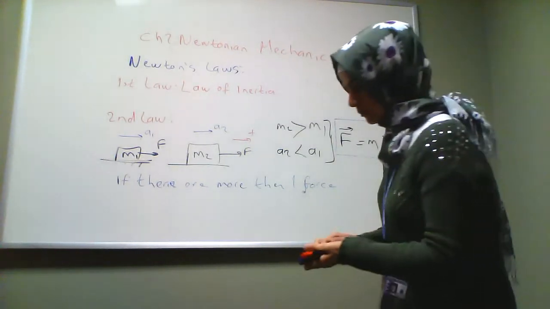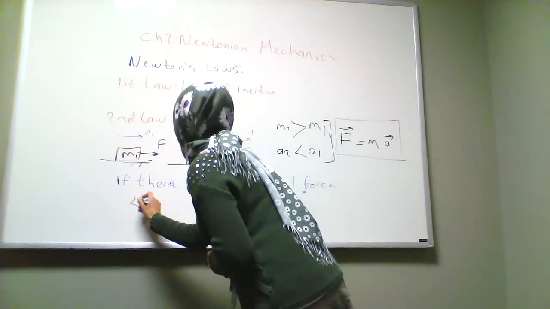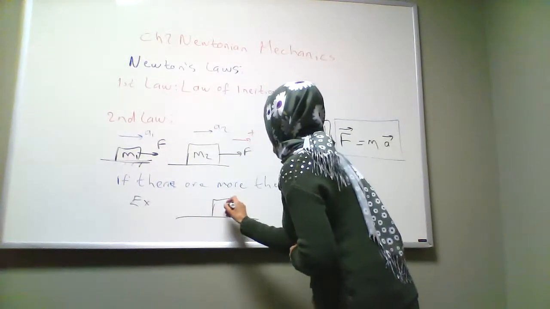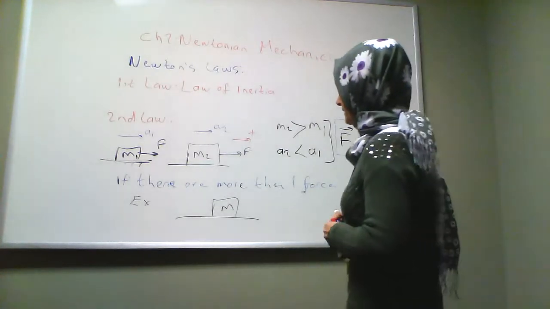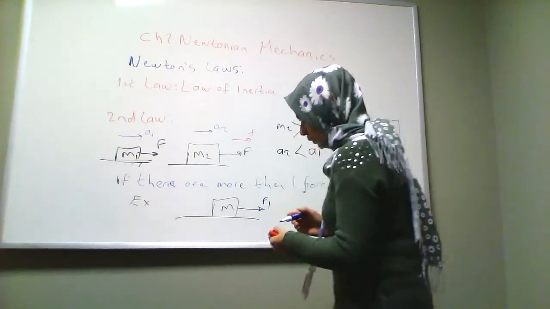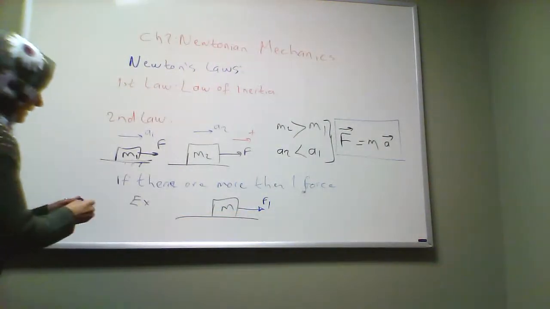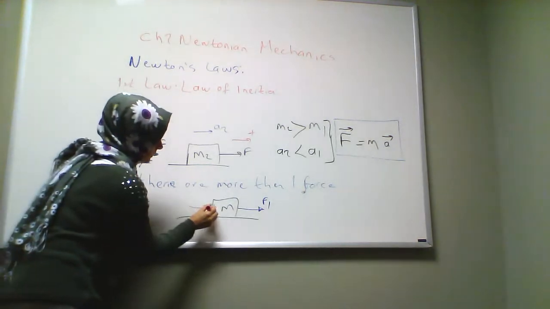Directions are also important. Let's say I have an object, as an example, with mass m, and I have two forces acting on it. One is pulling, F1, the other is pushing. Let's say with the red one, let me draw this, F2.